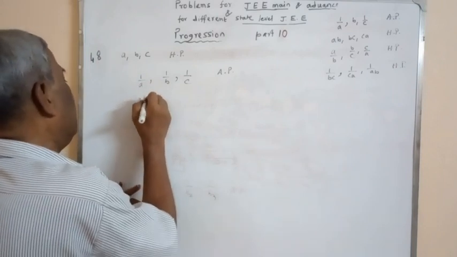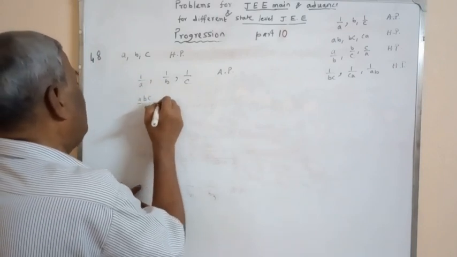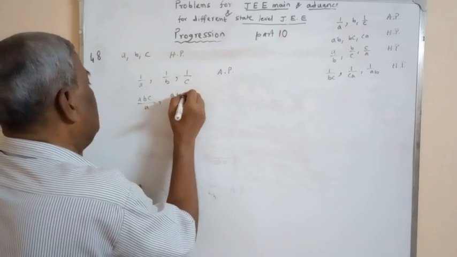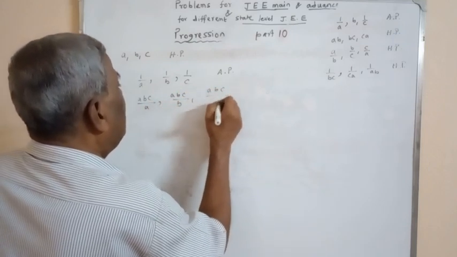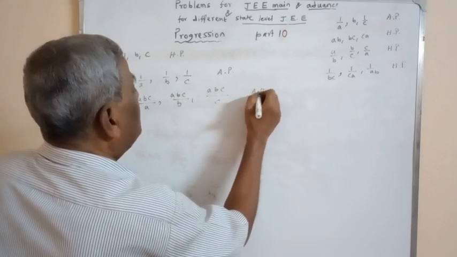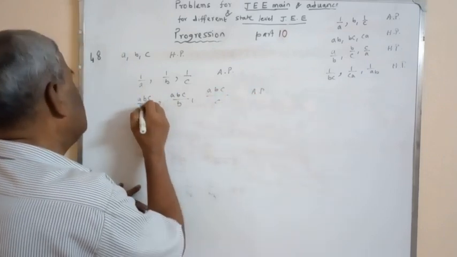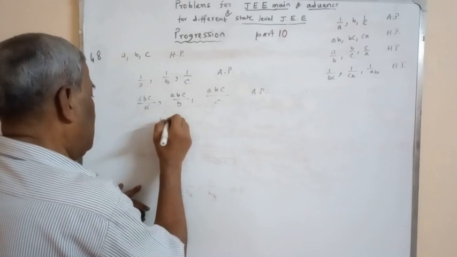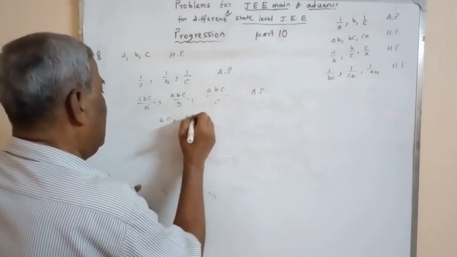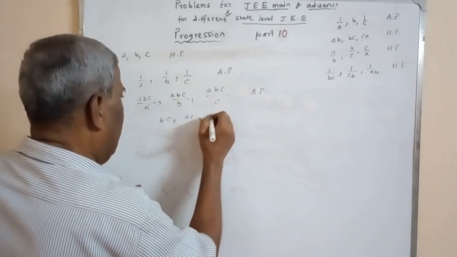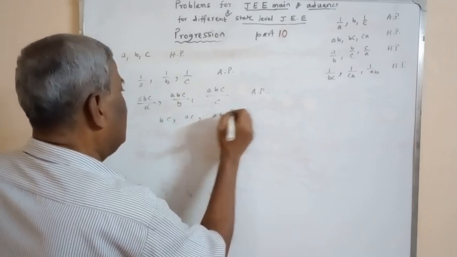So we get the same result, ABC by A, ABC by B, ABC by C, they are again in AP. Now cancelling, we get BC, AC, AB. They are in AP.